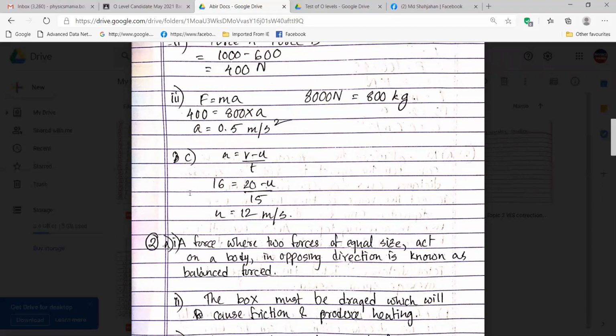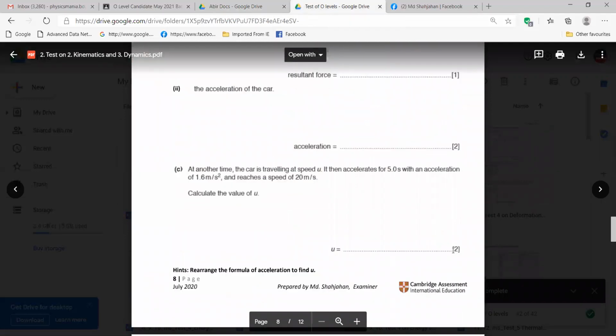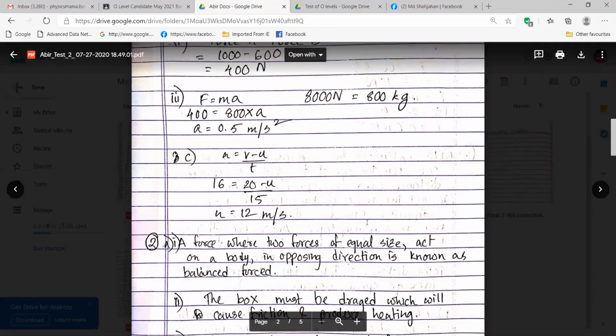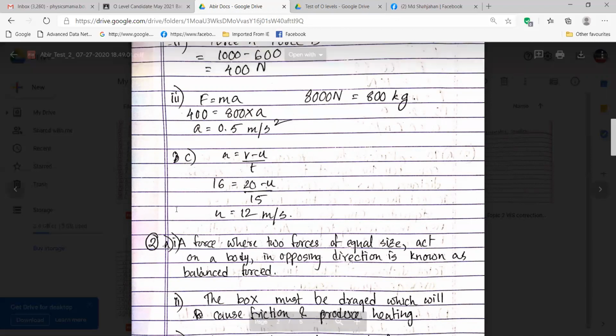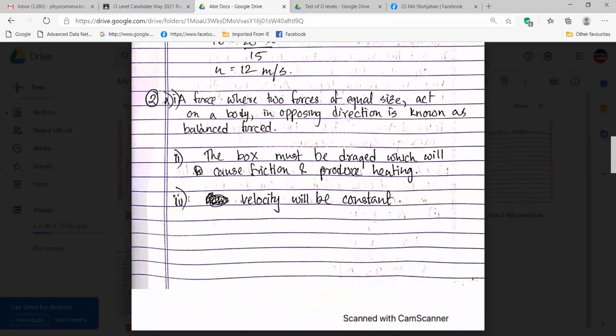Here we have 2 marks for this question. Out of 2, you are losing 1. So did you correct it? And here you write -1 with your pencil, so that it will be a record with you. Okay, sir.